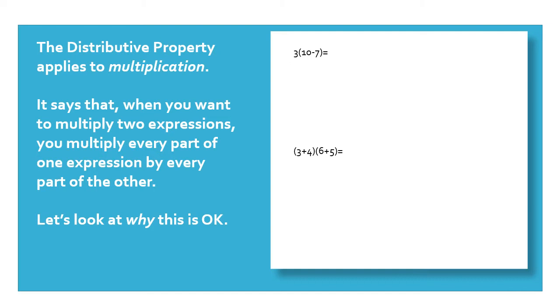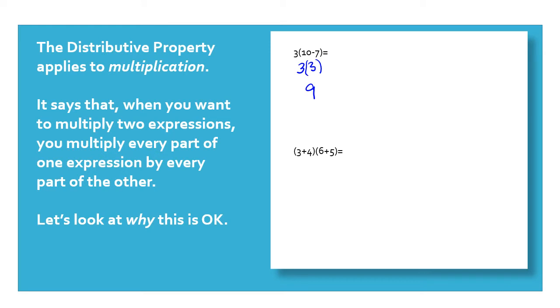So I want to use integers right now to see why this is okay. Traditionally, if I had something like 3 times the quantity 10 minus 7, according to the order of operations, I would do 10 minus 7 first, and I get 3. Then I would multiply that by 3, and I would get 9, right?